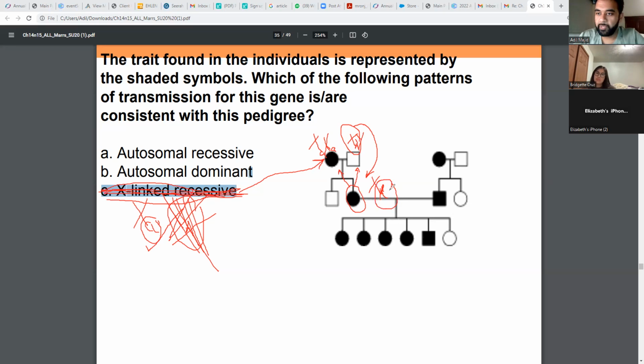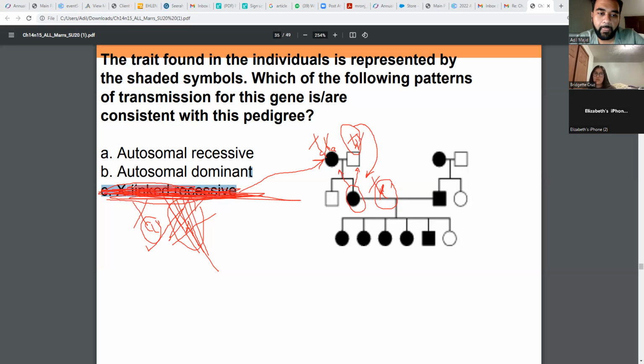But here he can only give a big A. This girl has to have, unless there's a different dad, but then we're not talking about the same pedigree. We're talking about some weird Jerry Springer stuff, okay? So that's why this has to be a big A. And if that's true, then she wouldn't be showing the trait, but she is. So that's how we know that it can't be X-linked recessive.